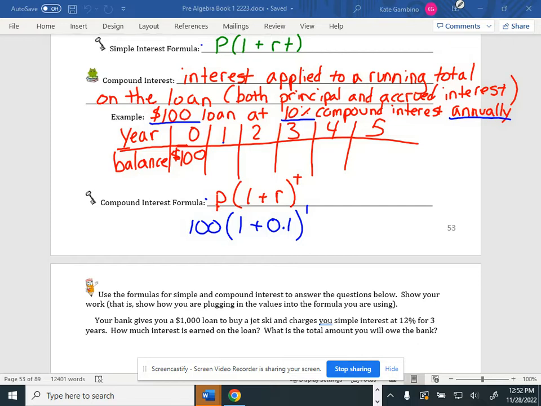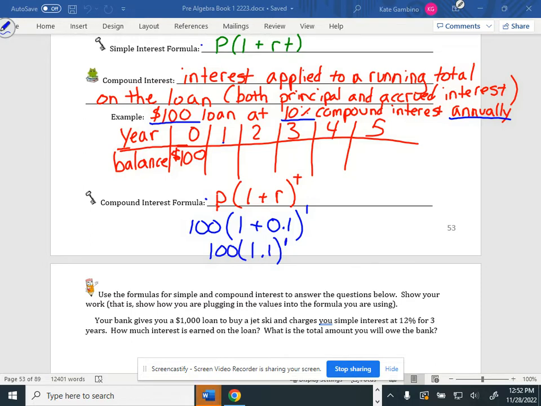So, in your calculator, you would put 1 plus 0.10, right? So 1.1. One plus 0.1 is 1.1.